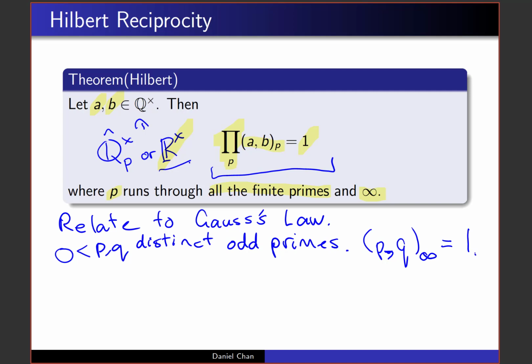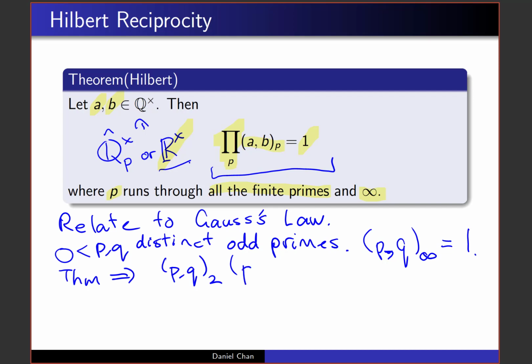Okay, so what other values do you have to look at? So what are the values which are possibly not 1? So the formula, theorem implies, well, firstly, you have (P, Q) at 2, that's a possibility.